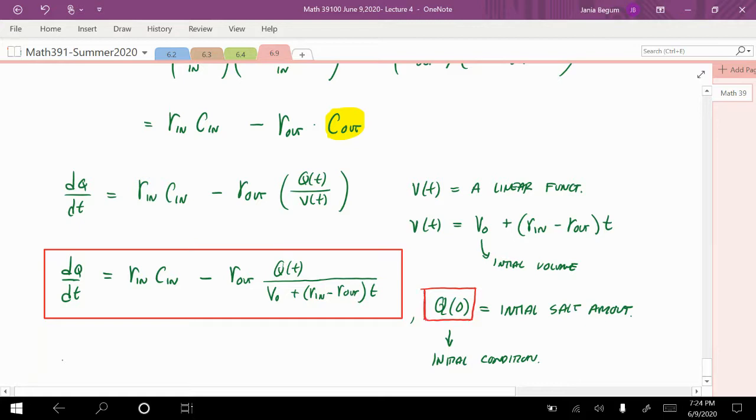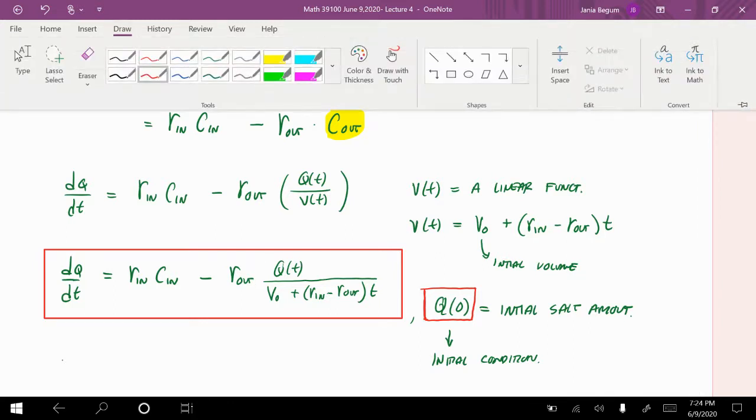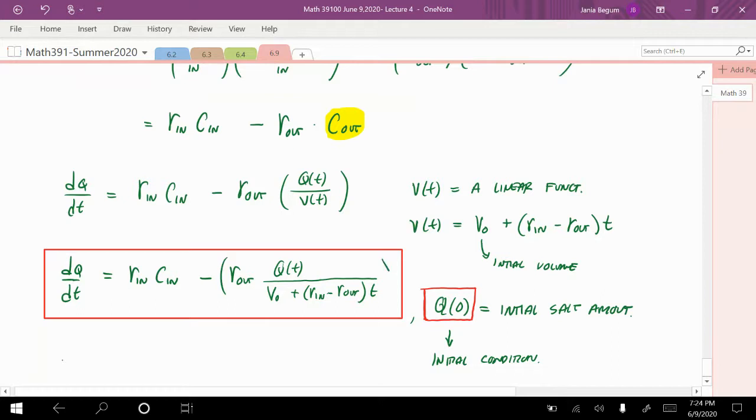Now here's something to keep in mind. What kind of equation is this? If you think about it, this sort of looks like a linear equation, right? So if you move the last term, R out Q of T over V of T, to the left side, it becomes a linear equation.